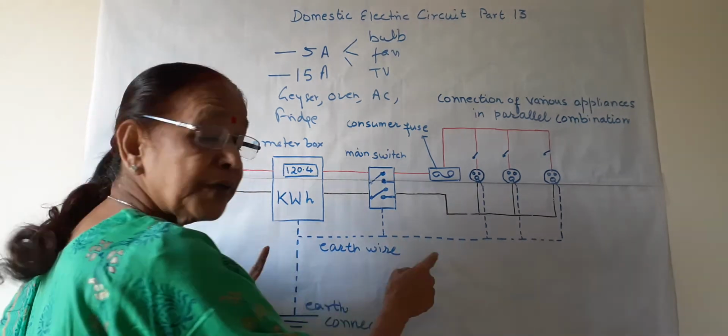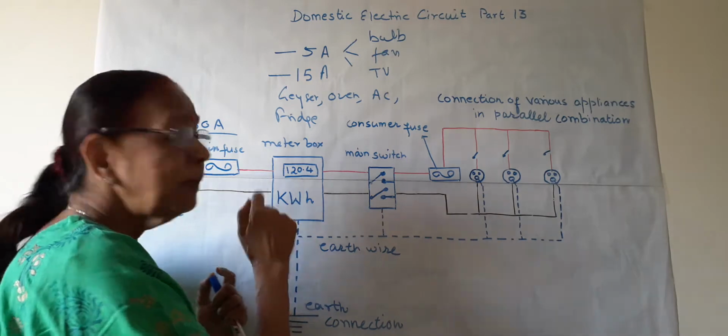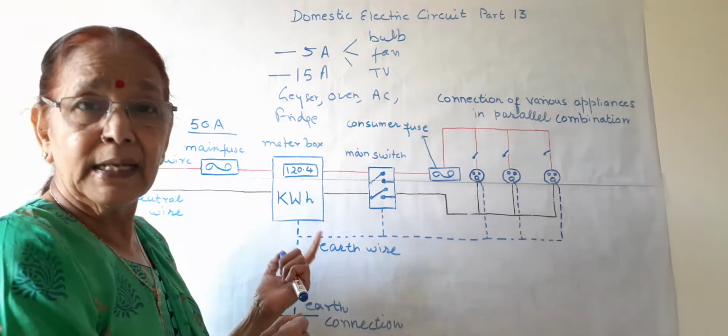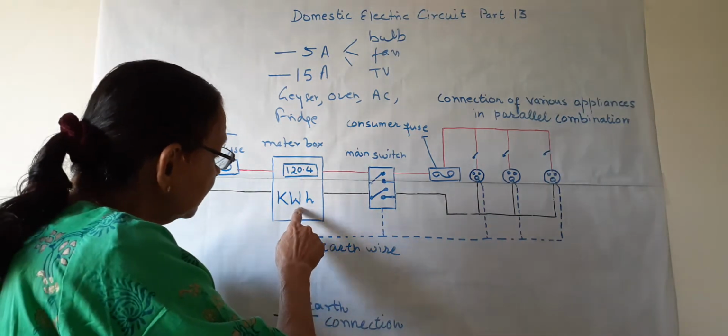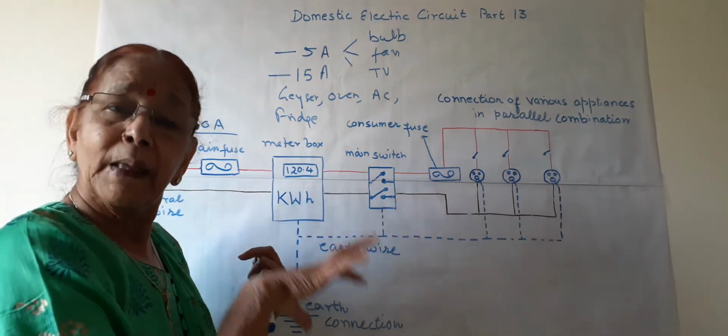So potential is 0. What happens? Suppose this is the metal box. Some current leaks here. There is a leakage of current. Then this leakage will go through the earth wire into the ground.